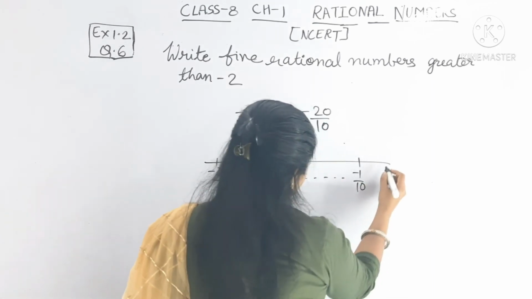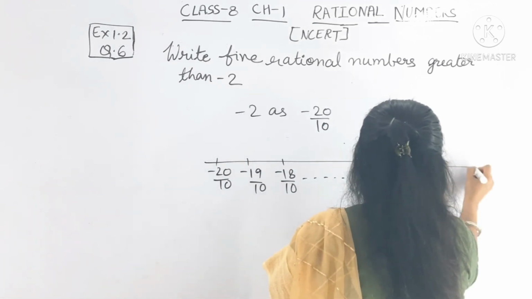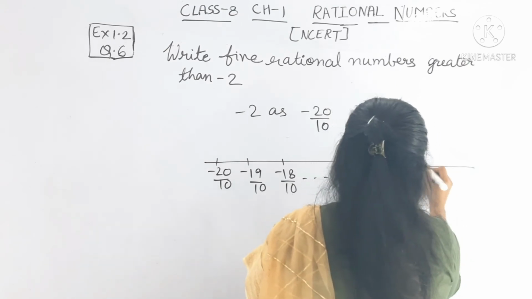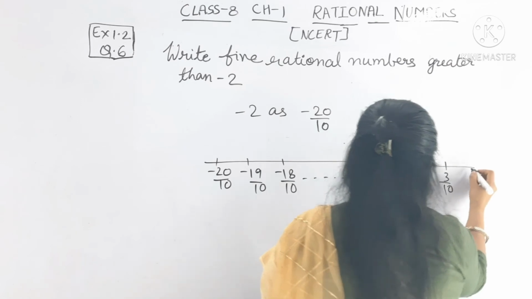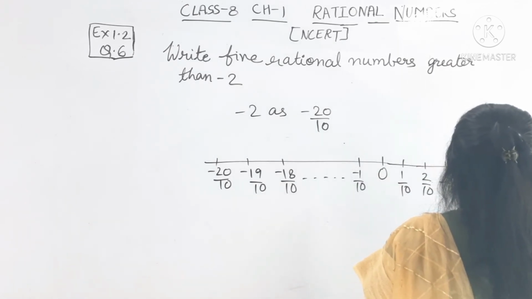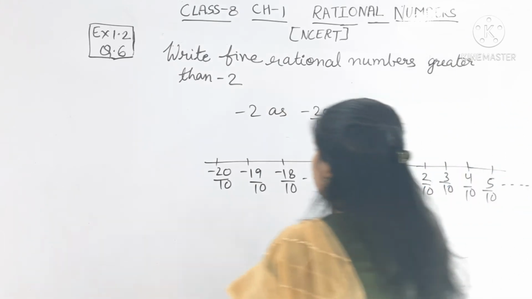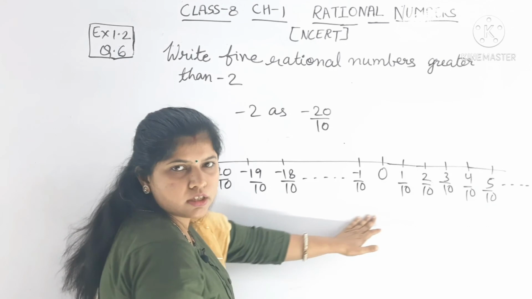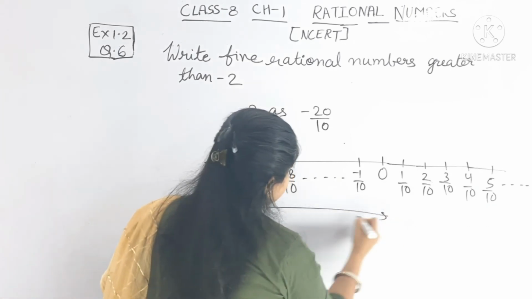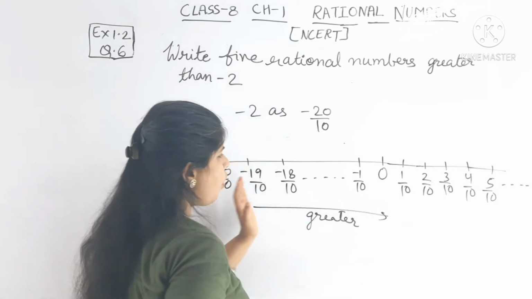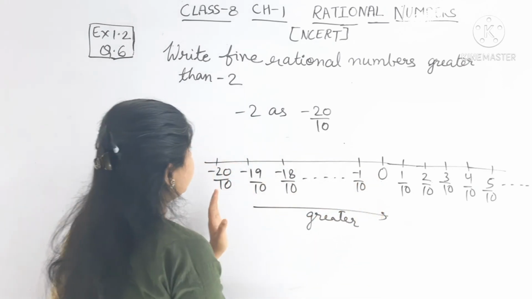Minus 1 by 10, here 0, 1 by 10, 2 by 10, 3 by 10, 4 by 10, 5 by 10, and so on. All these rational numbers are greater than minus 20 by 10. From left to right, all are greater rational numbers.